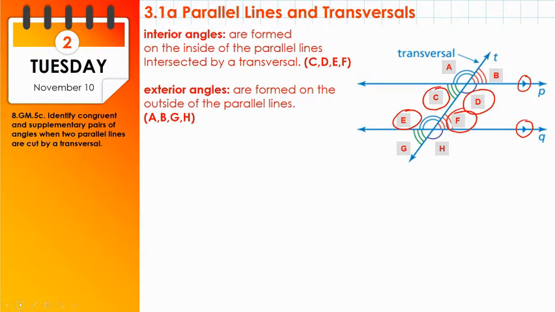Remember, we have the lines cut by a transversal, which means, and I'll change the color, I'll circle these blue. A, B, G, and H are exterior angles. So interior: C, D, E, and F. Exterior: A, B, G, and H.